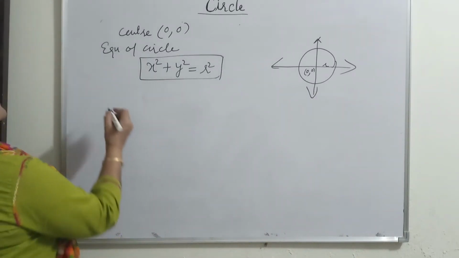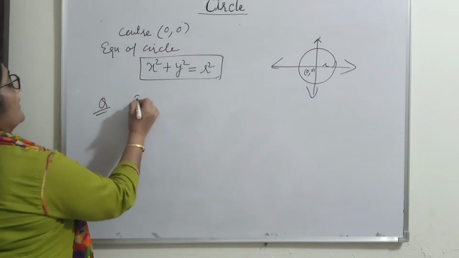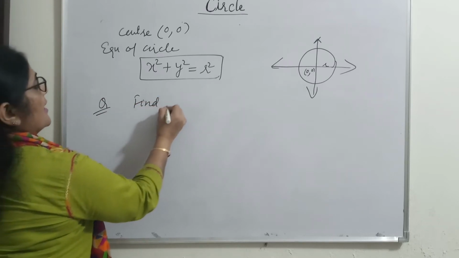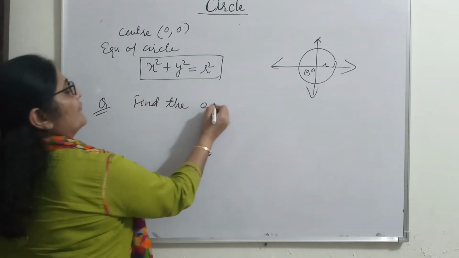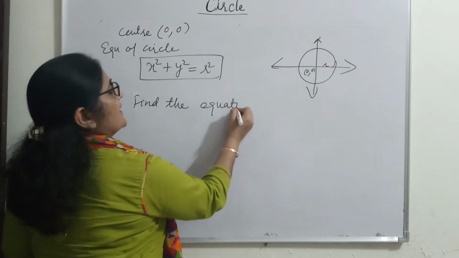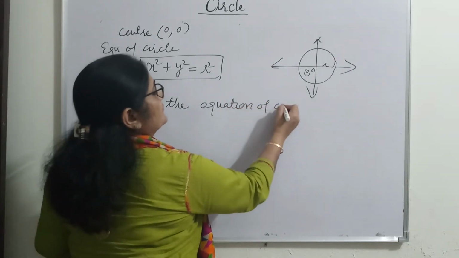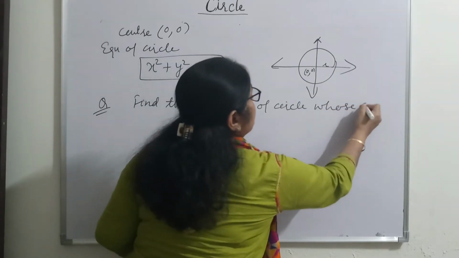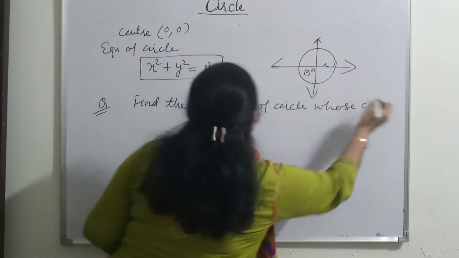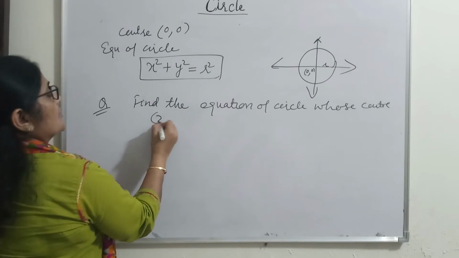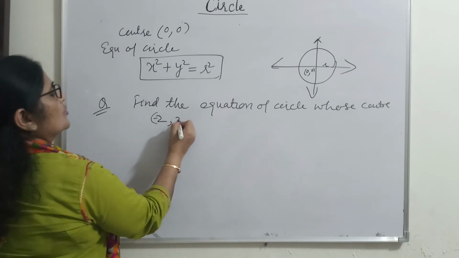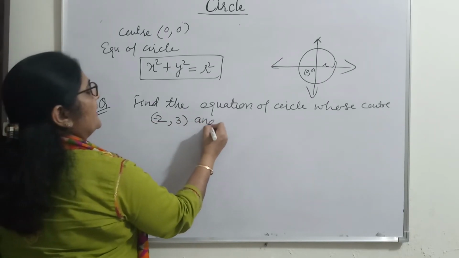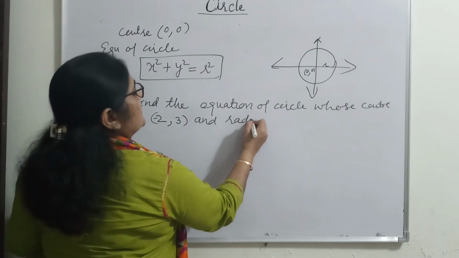The question is, find the equation of the circle whose center is (-2, 3) and radius is 4.